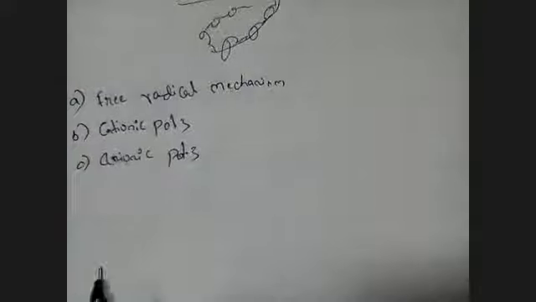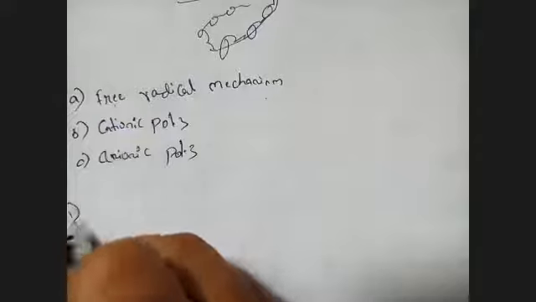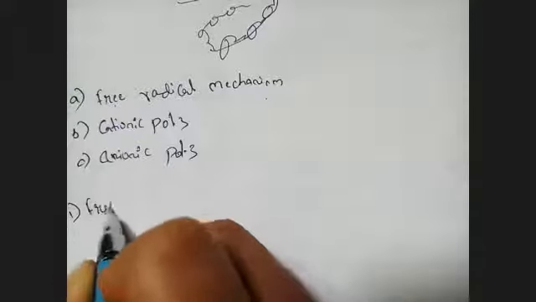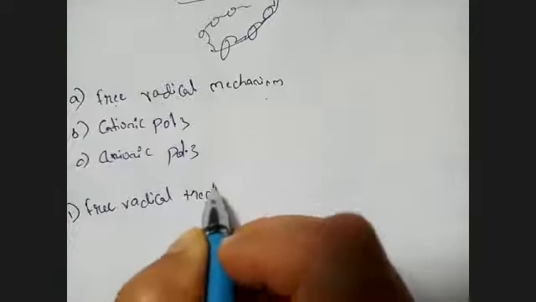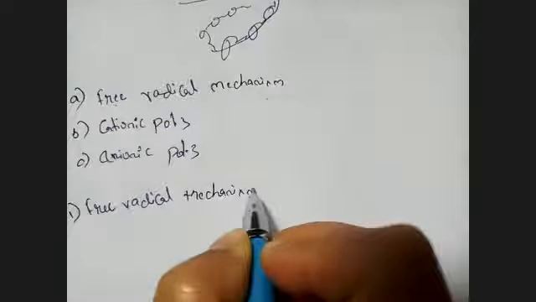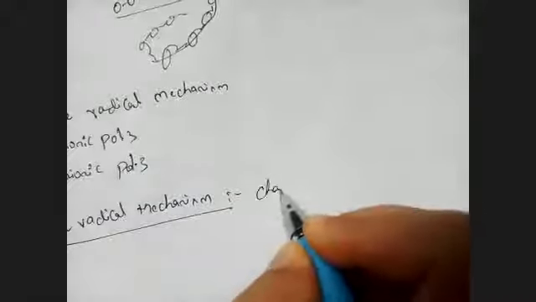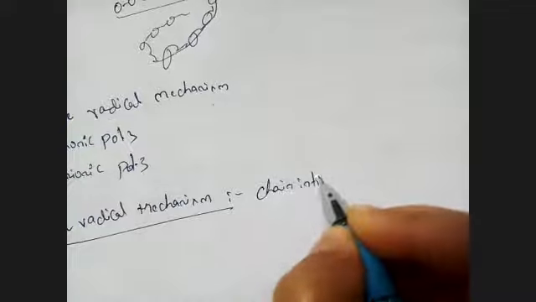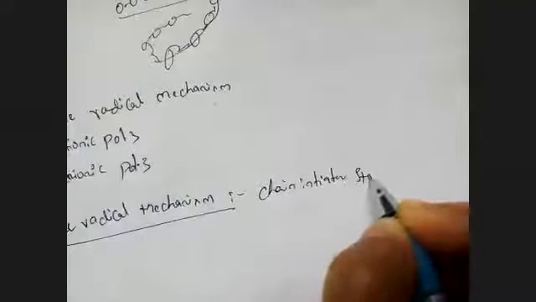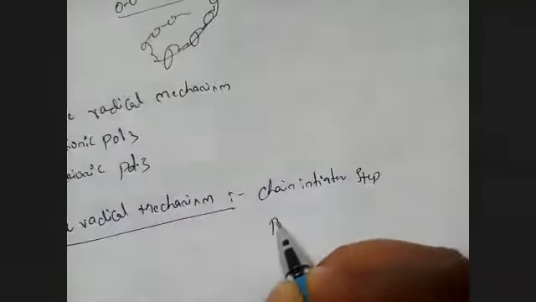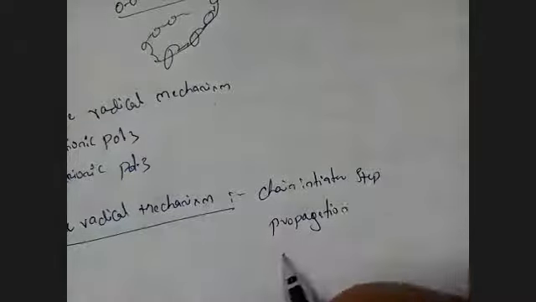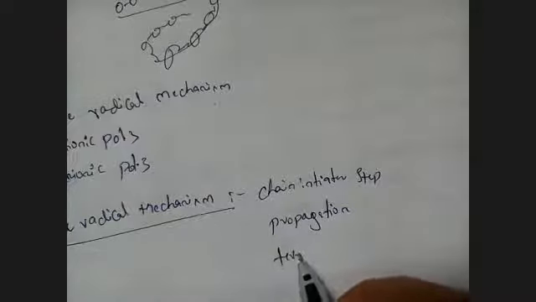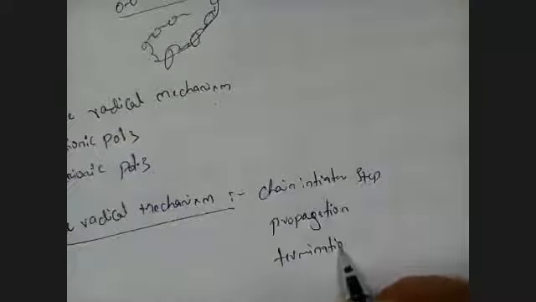In the free radical mechanism, we have steps called chain initiation step, then chain propagation step, then chain termination step.